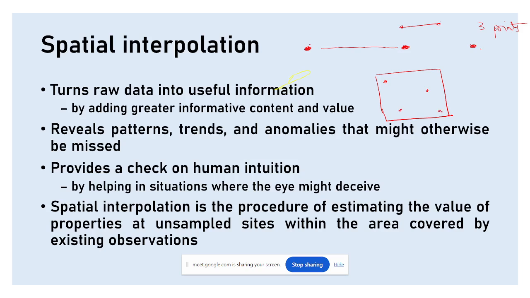Using this data set, we can interpolate and get the information about the rain in other regions also. This might tell you some patterns, trends or anomalies which, if you didn't do interpolation, you might not have understood. So interpolation accounts for all those things.